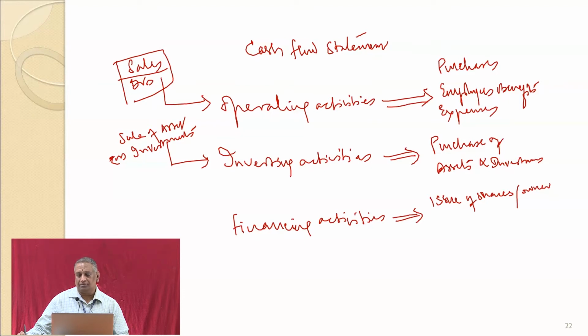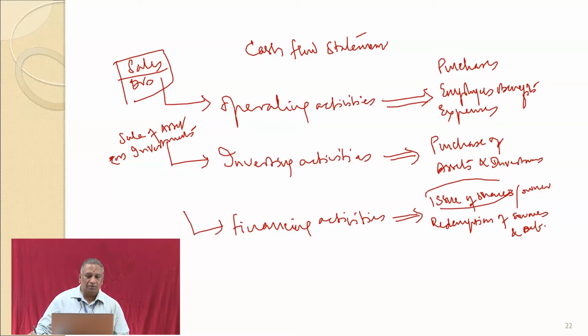So in that case, when redemption of shares, redemption of preference shares and debentures happens, and issue is normally inflow. So when shares are issued by a joint stock company, cash can flow in. So all these are reasons for cash inflow, and these are the reasons for cash outflow.